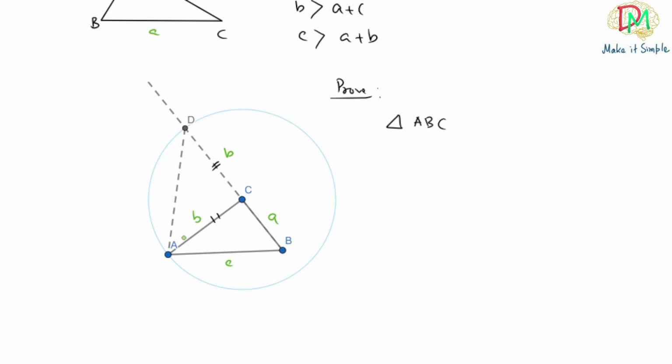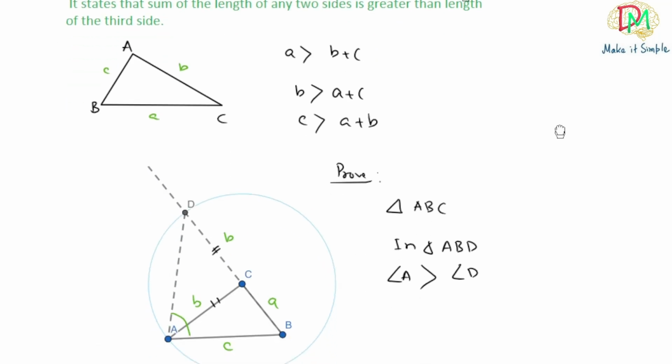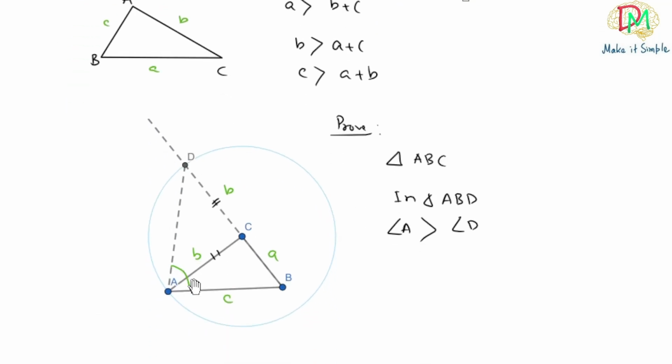Now here it is very much clear that in triangle ABD, angle A is greater than angle D. The side opposite to the larger angle is greater than the side opposite to the smaller angle.